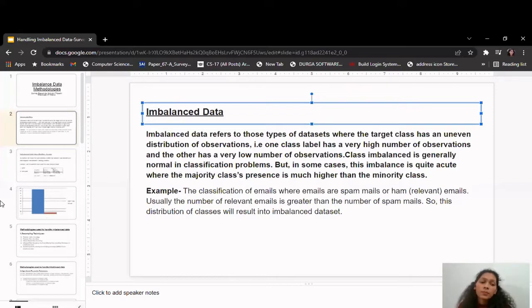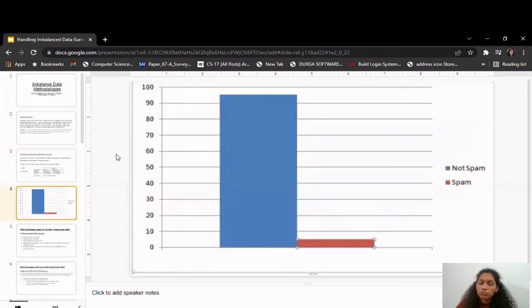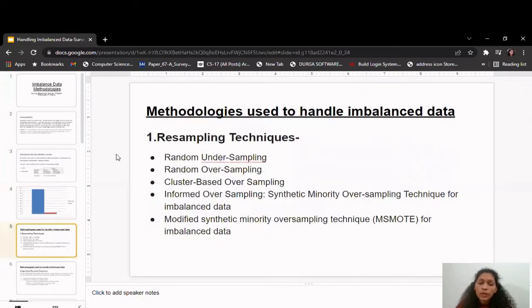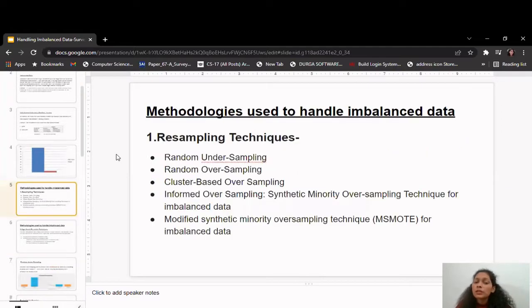So there are different methodologies in order to address this issue. The first technology that is used to address the imbalanced data is resampling technique.